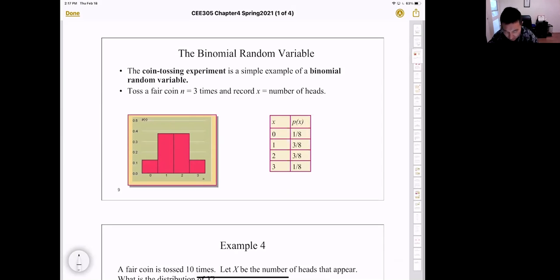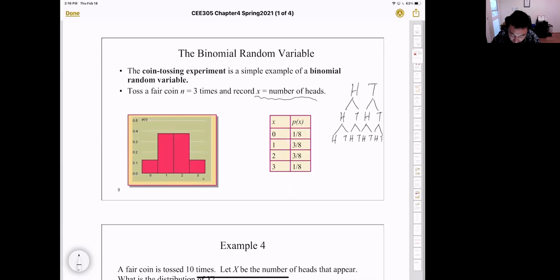So here we toss a coin three times, and we define x as the number of heads. Based on the counting method, the first toss we have head or tail. Then for each one of these, we again have head or tail, and for the third toss, we again have head or tail for each branch.